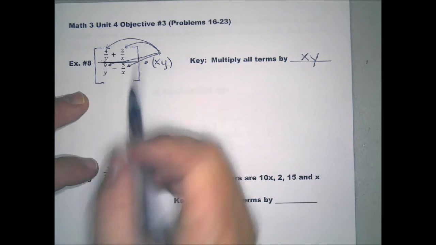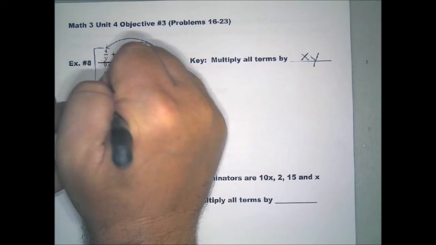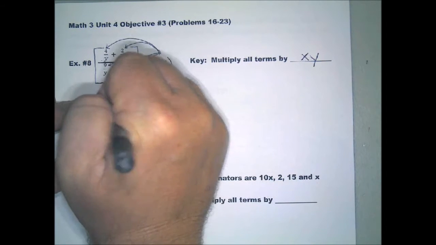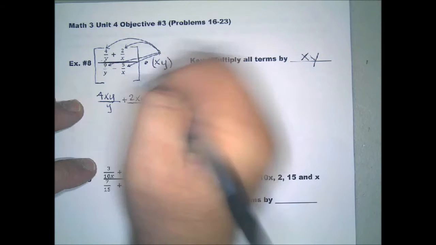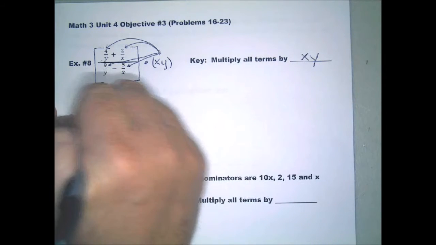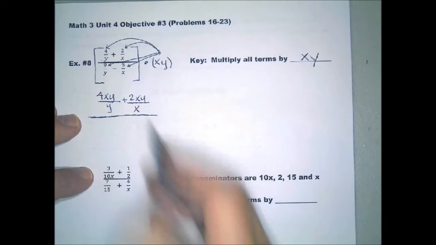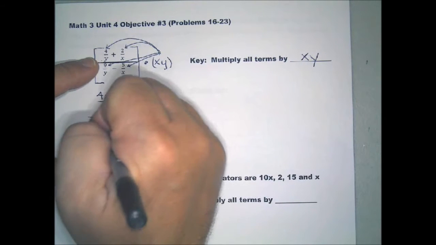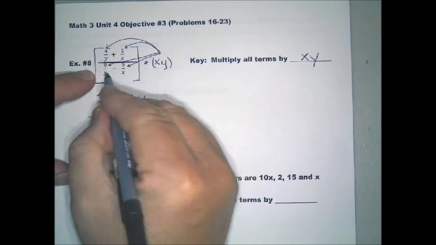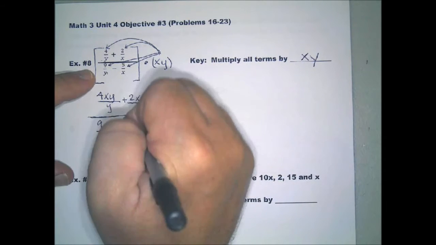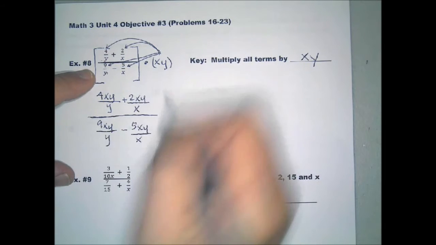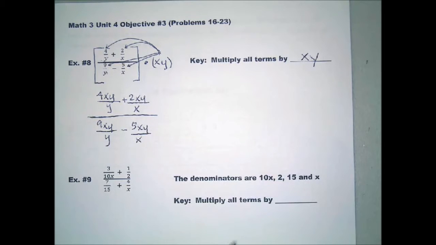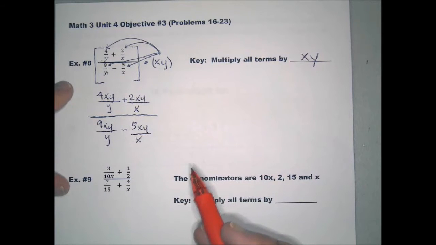So look what happens when I do this. It would be 4XY over Y plus 2XY over X. And that would be all over 9XY over Y minus 5XY over X. Now I'm taking the really long way around on this problem, but just to show you how it all works.